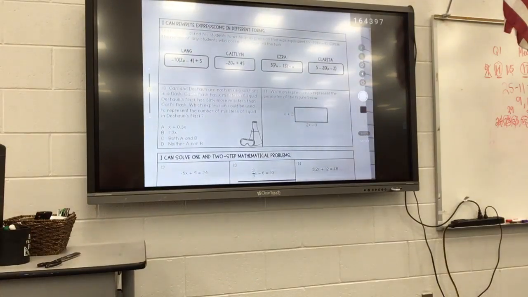I can rewrite expressions in different forms. So this one says, Mr. Glass asked his students to write expressions that were equivalent to -5 times 4x minus 9. Circle the names of any students who correctly completed the task.